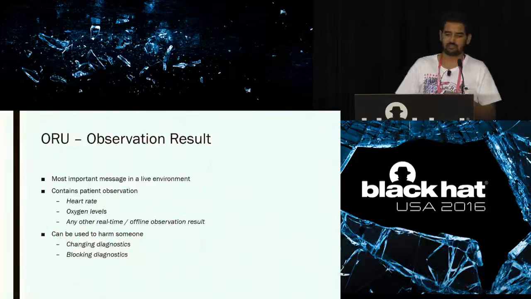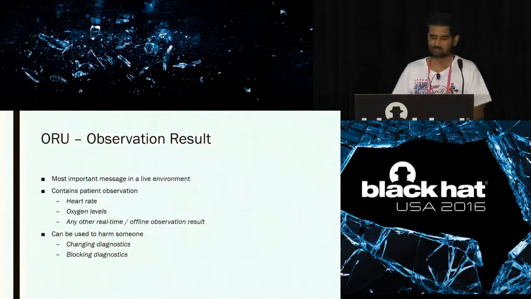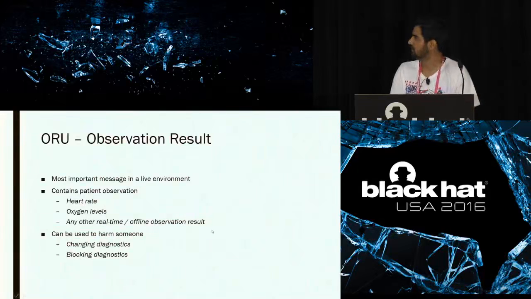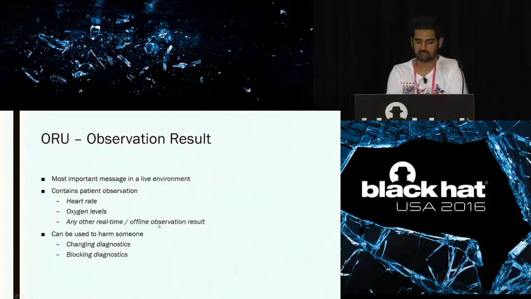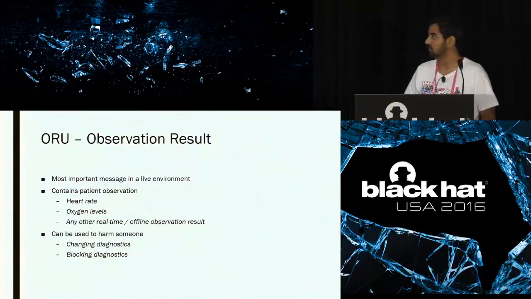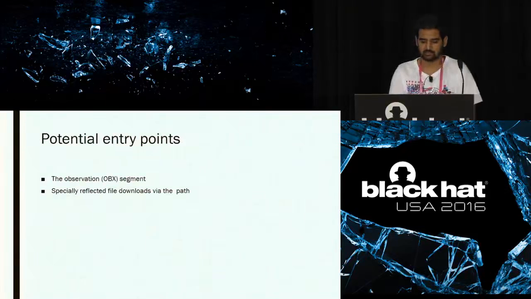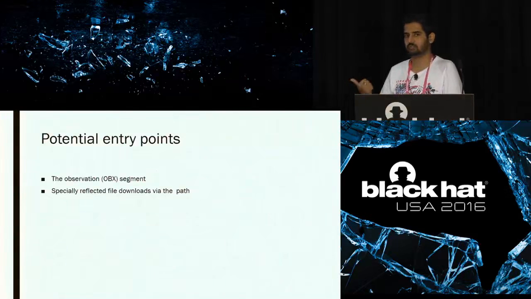All right, so the important observations on this are patient information, heart rate, oxygen levels, any real-time information, and it can be used to harm someone, change diagnostics. The potential entry point is the OBX segment and reflected file downloads. We'll talk about the reflected file downloads later, and I'll show messages.